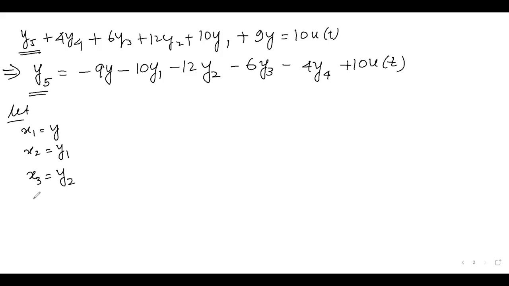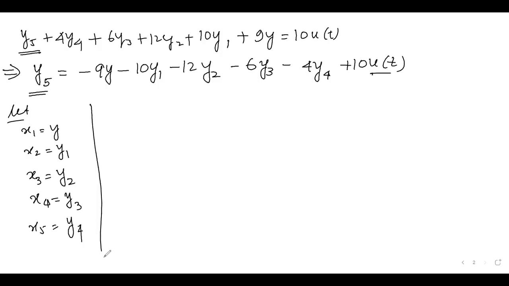So x3 equal to this, x4 equal to y3. This is x1, x2, x3, x4, and x5. x5 equal to y4. All right, and this is u and the output is y.